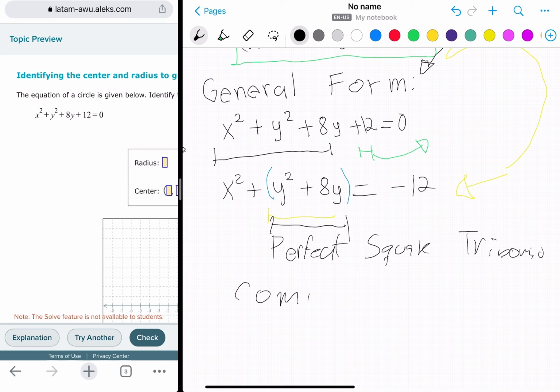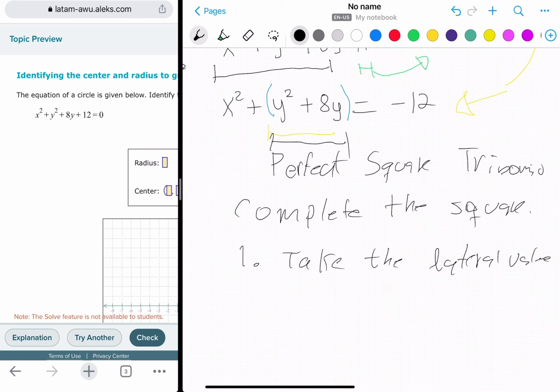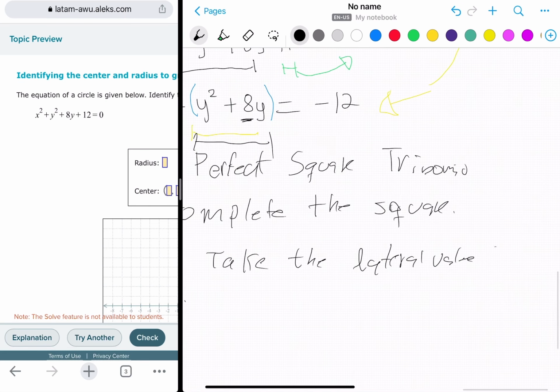We have done this previously. If you remember the first models, there are 3 things that you need to do. First, you take the value that is linear.